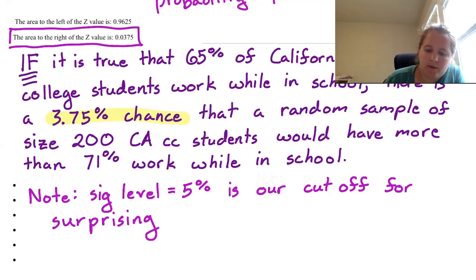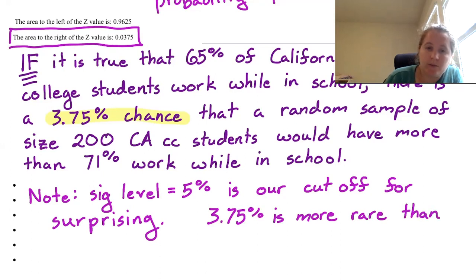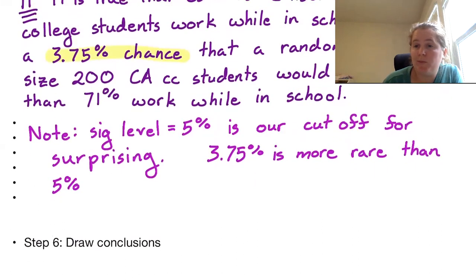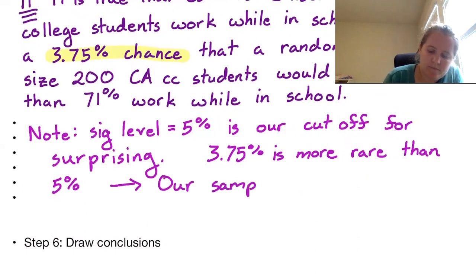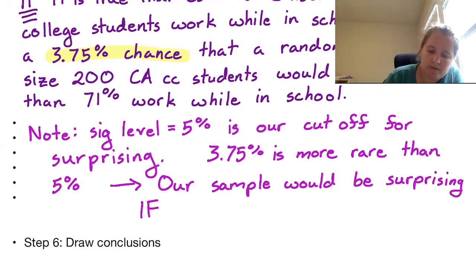Right. And so 3.75% is more rare than 5%, which was our cutoff. And so what we have is that our sample would be surprising if the null hypothesis were true.